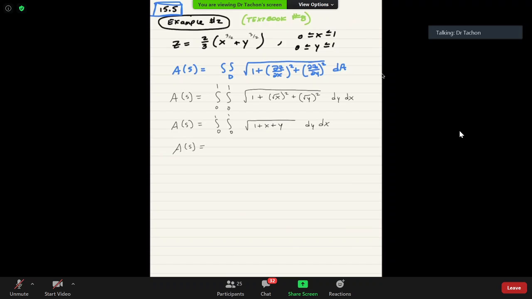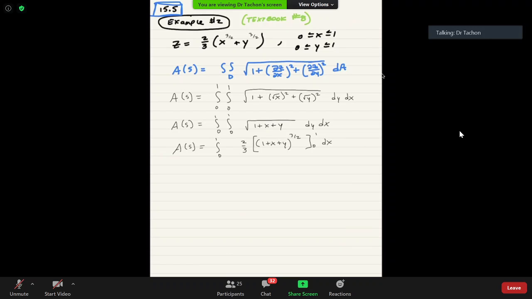If you use u substitution, du is just going to be dy. So you're going to have u to the 1/2 power, and you're going to end up with 2/3 times your u quantity, which is under the radical, to the 3/2. And then that's going to be evaluated from 0 to 1. Okay, and then we'll do the x afterwards.